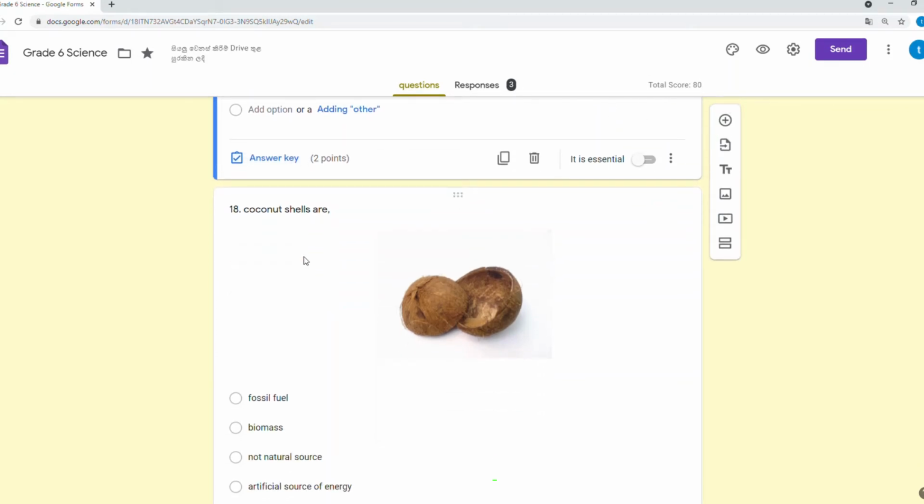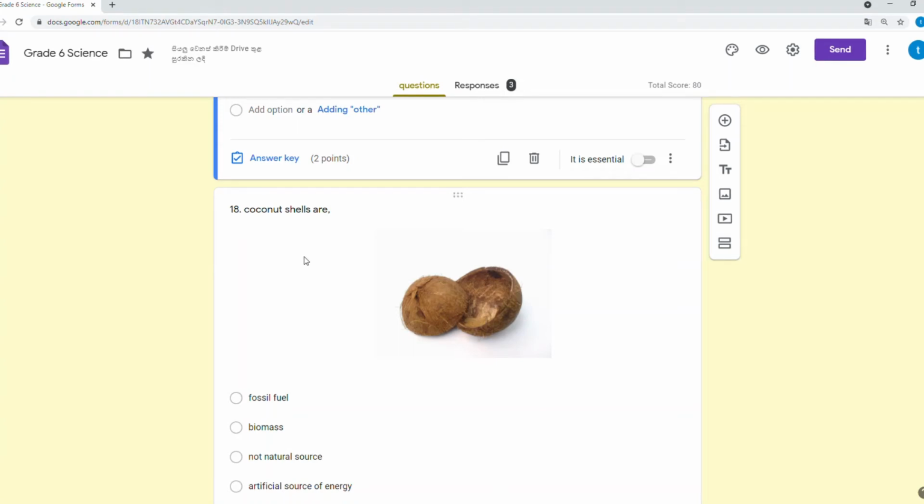And number 18. Coconut shells are. Here I think sometimes you may have experience. If you want to get smoke when you are going into worship, we use coconut shells and burn them. So that means one kind of way we can get energy. And for cooking purposes, in some areas, especially in remote areas, they still use coconut shells with firewood as their fuel.